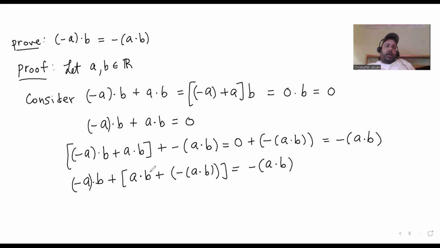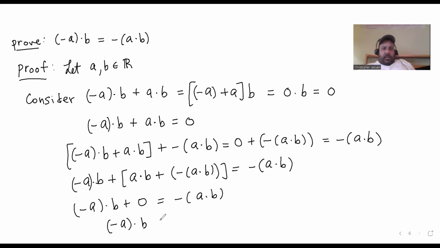And again, a times b plus the negative a times b is 0. They're additive inverses. So negative a times b plus 0 is equal to negative a times b. And again, adding 0 to anything doesn't change it. So this is the same thing as negative a times b on the left. And that's equal to negative a times b. And that's what we wanted to show.